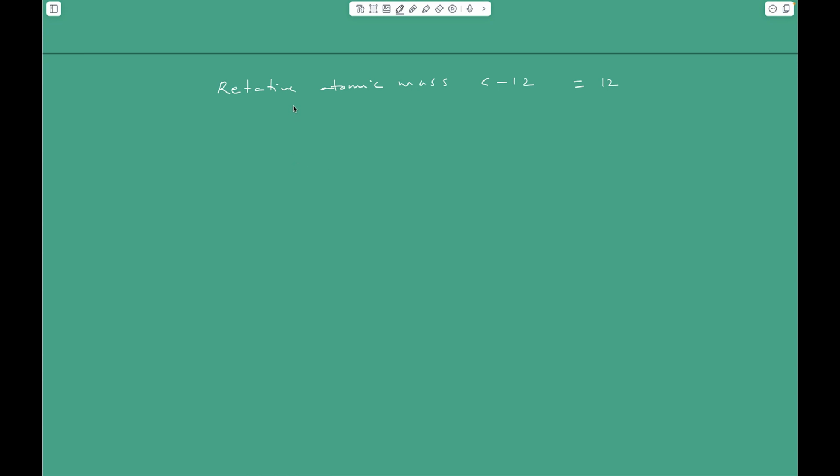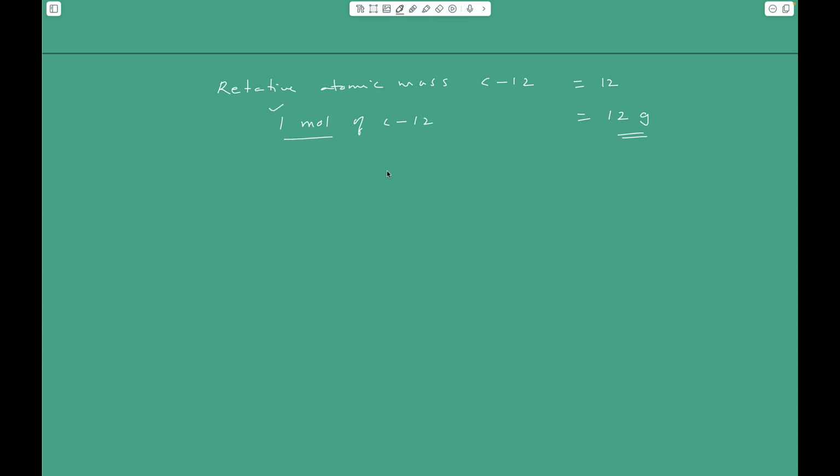Now, if the relative atomic mass of C12 is 12, then what is the mass of 1 mole of C12? You know how to figure this out. If the relative mass is 12, the mass of 1 mole of that substance is its relative atomic mass or relative mass expressed in grams. So if you take 12 grams of C12 isotope, that means you have 1 mole of C12.